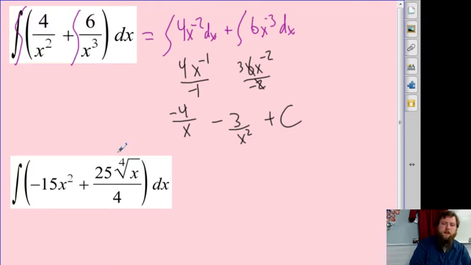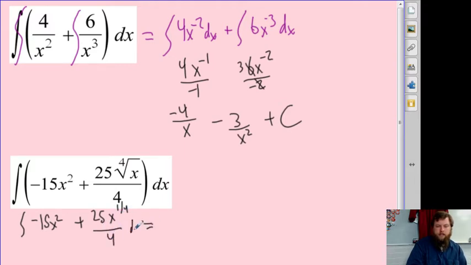This one down here, now if you have a root right here, I'm going to convert this to a rational exponent. So I'm going to rewrite this as the integral of negative 15x squared plus 25x to the 1/4 power over 4 dx.